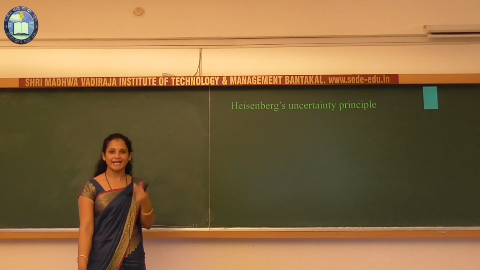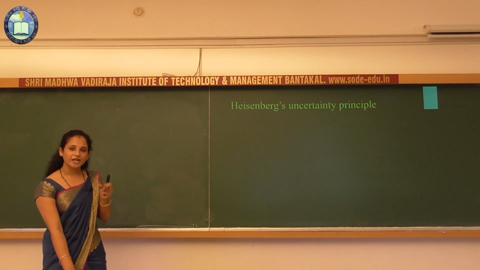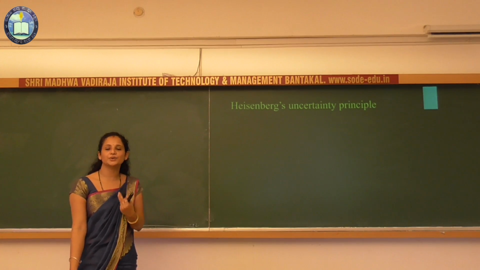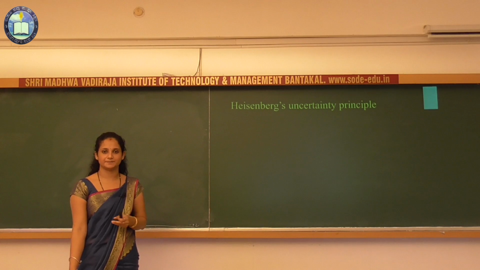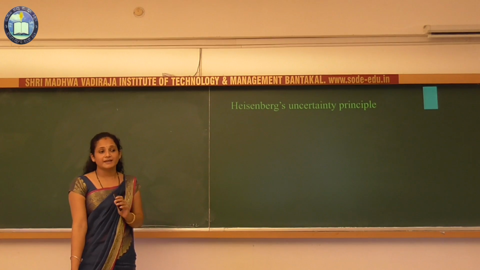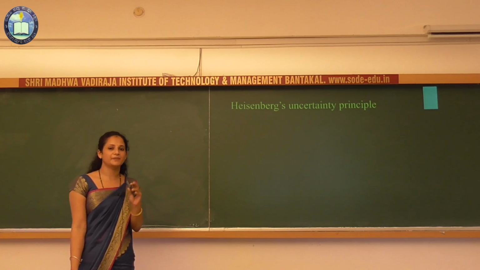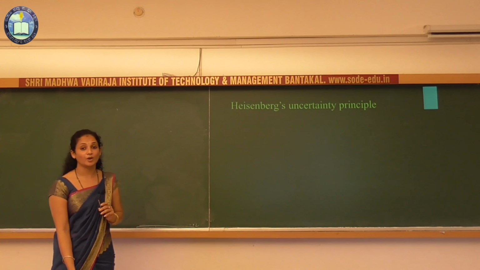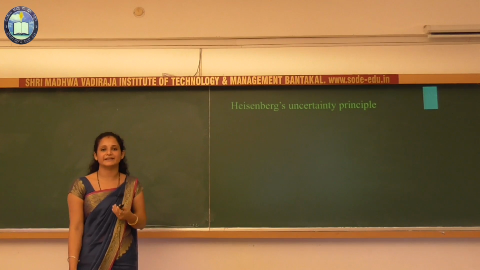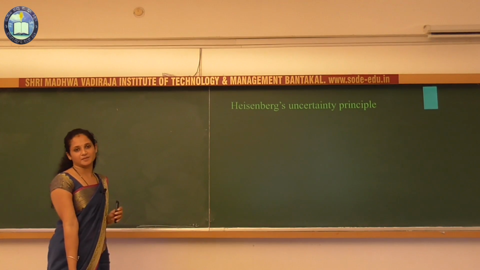So the calculation of the position as well as the velocity of that object will be easy, with accuracy we can calculate. But in the case of subatomic particles, the exact position as well as velocity of that minute microscopic moving particle cannot be determined accurately. We'll end up with uncertainty, an error, which was stated by Heisenberg.